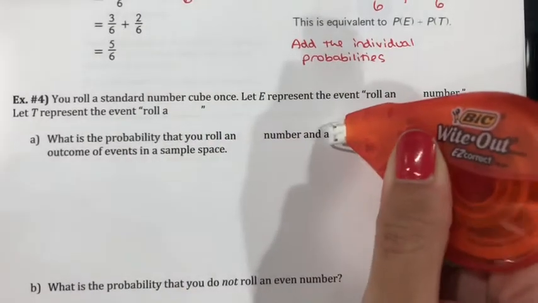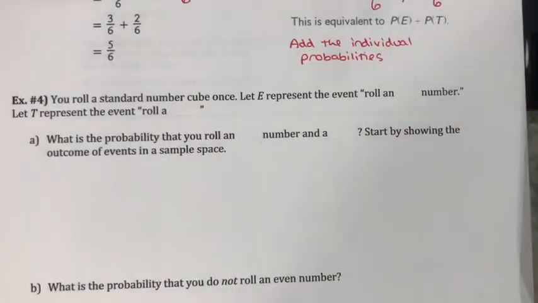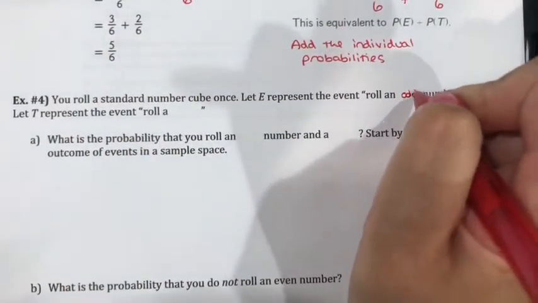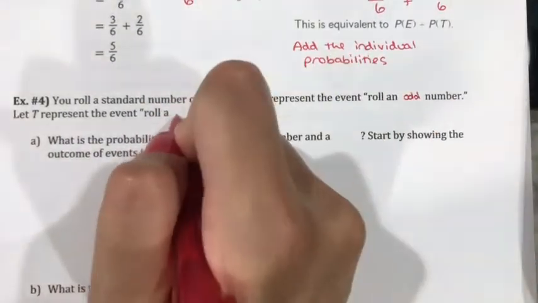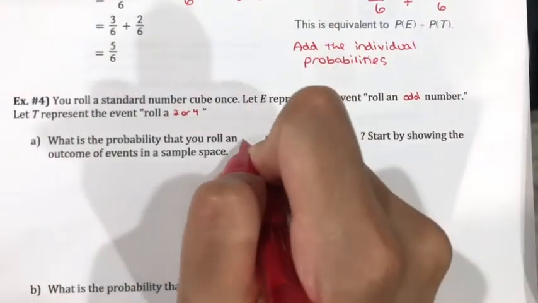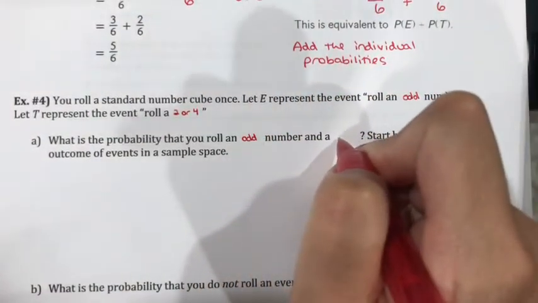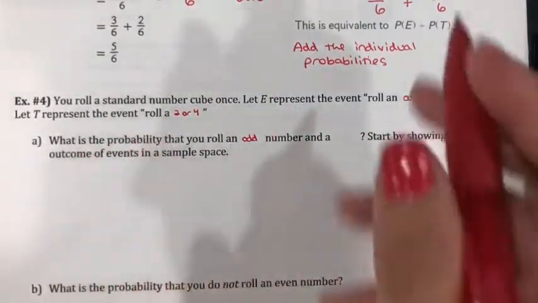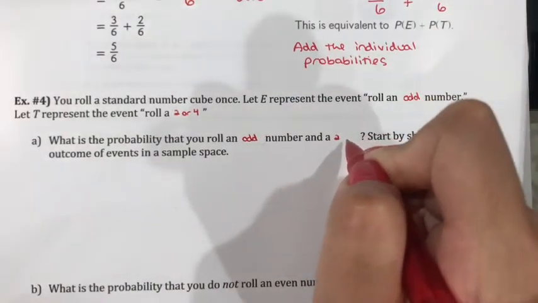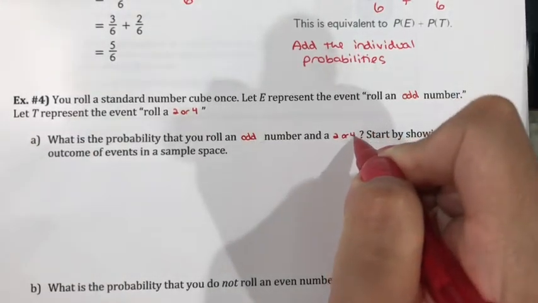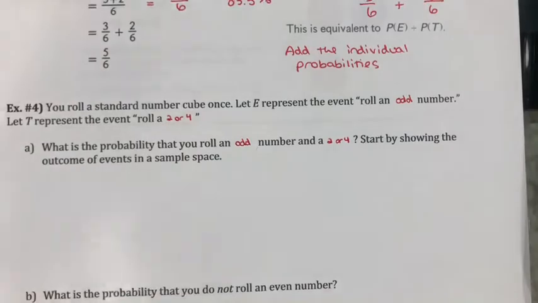So you can ignore what I've got on here. Okay, let's do roll an odd number or roll a 2 or a 4. So what we want to do, okay, and actually this word should say or.